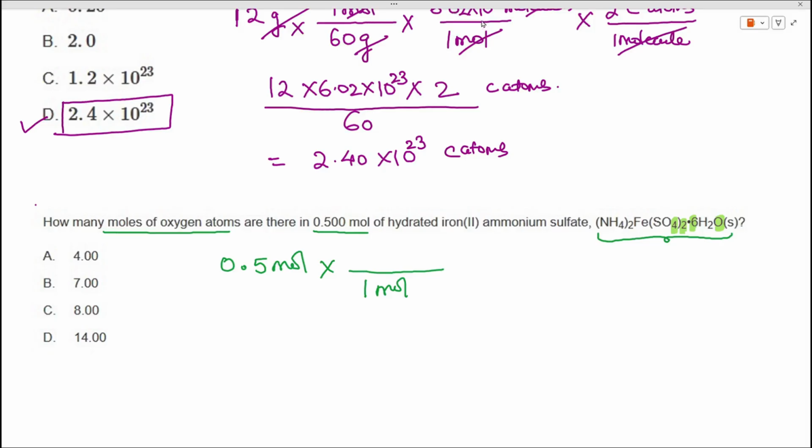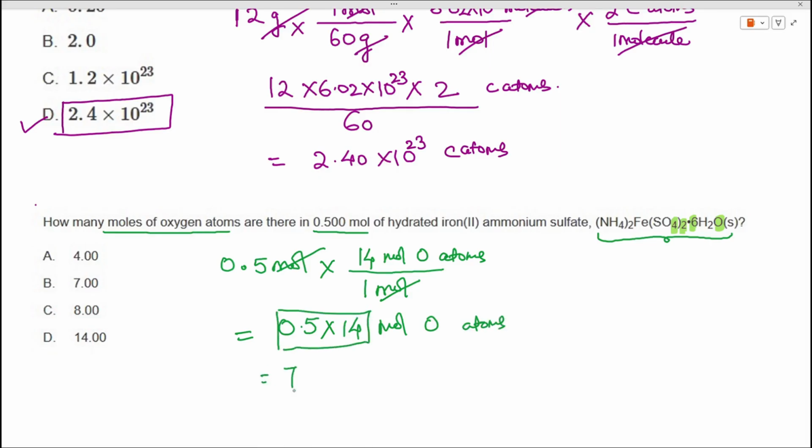So 1 mole of the molecule has 14 moles of oxygen atoms. So this moles of the molecules get cancelled, and then we have 0.5 multiplied by 14 moles of oxygen atoms. When this is multiplied together it gives you 7, and B is the right option.